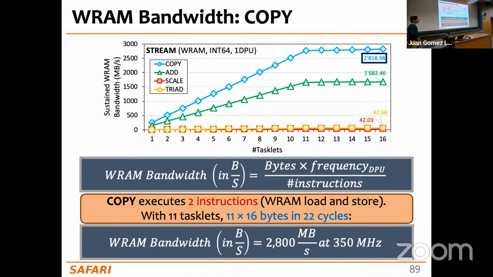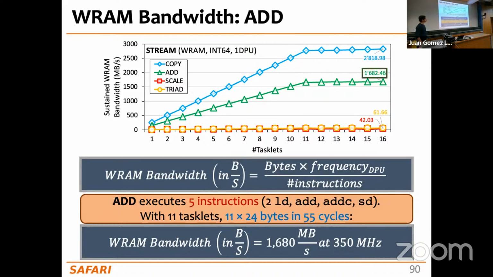And that's how we calculate the WRAM bandwidth: bytes times the frequency of the DPU divided by the number of instructions for the specific operation, copy in this case. And if you see the theoretical bandwidth, 2,800 megabytes per second is basically what we are measuring as well. The same happens, for example, for addition.